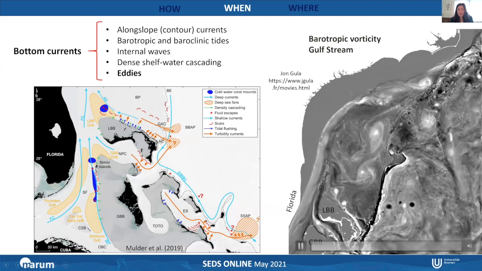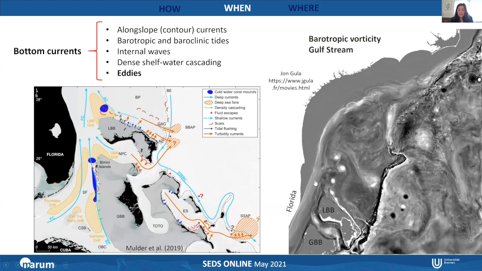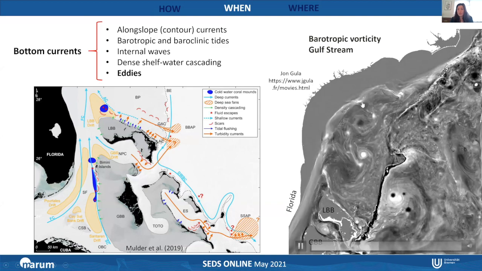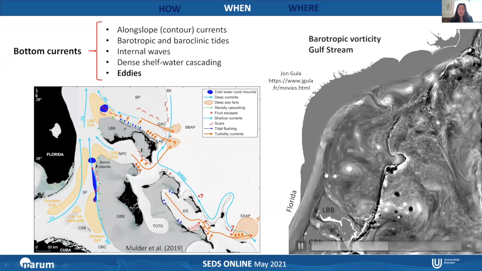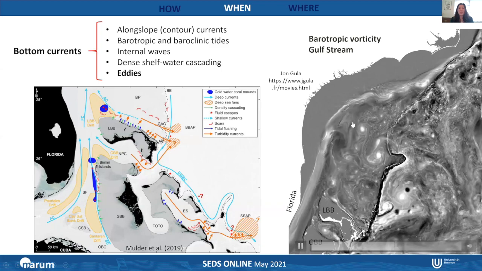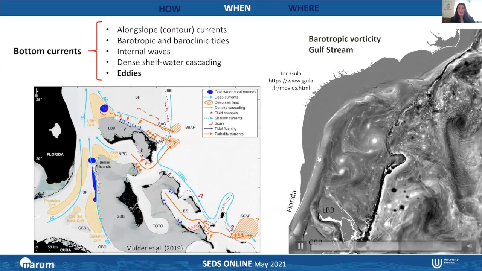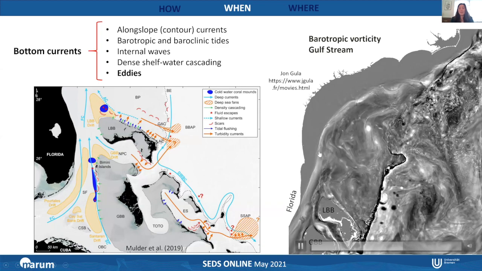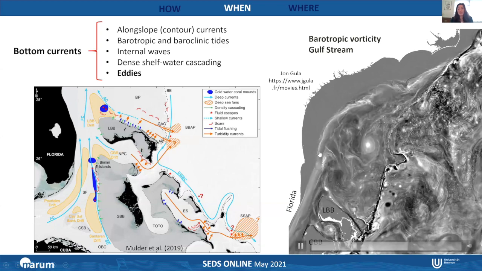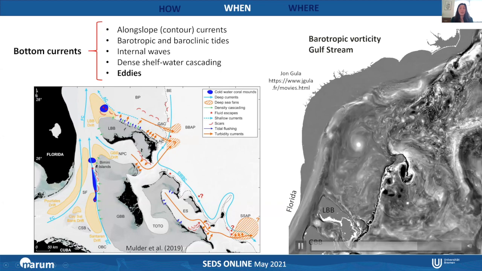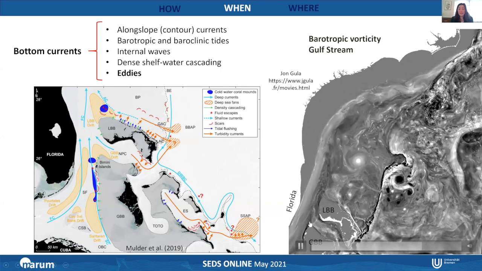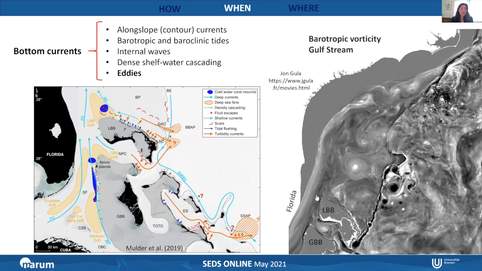So here's Florida, the Bahamas banks, and here is the Gulf Stream moving northward. You can see all the eddies related to this current. So you can imagine that when all these currents are flowing, the effect that they are going to have on the seafloor is not going to be all the time the same, because the position of these eddies is going to change very rapidly.